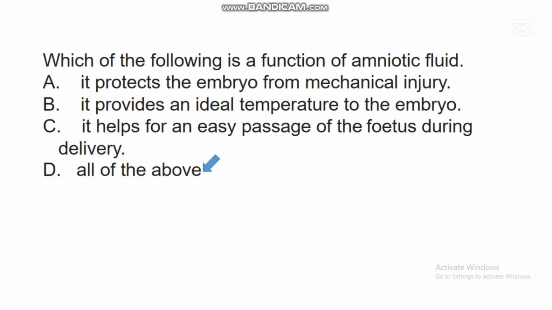It helps for an easy passage of the fetus during child delivery. Because amniotic fluid makes the embryo moist, it helps for an easy passage of the fetus during child delivery. All these are the roles played by amniotic fluid in the body system of a woman.